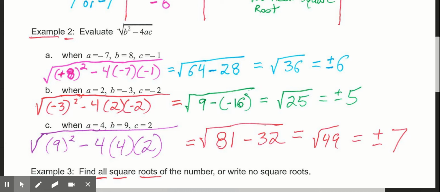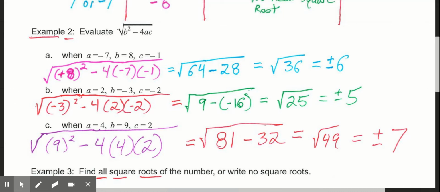So we have 64 minus 28, which is 36. The square root of 36 is positive or negative 6. This plus-minus symbol, with the plus above the minus, indicates that this value can be either positive or negative. So this is read as positive or negative 6.